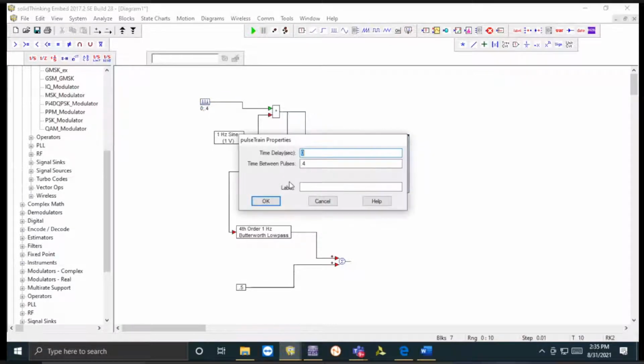So here you can see one thing, that previously we were talking in terms of the frequency, here we are talking in terms of time period.